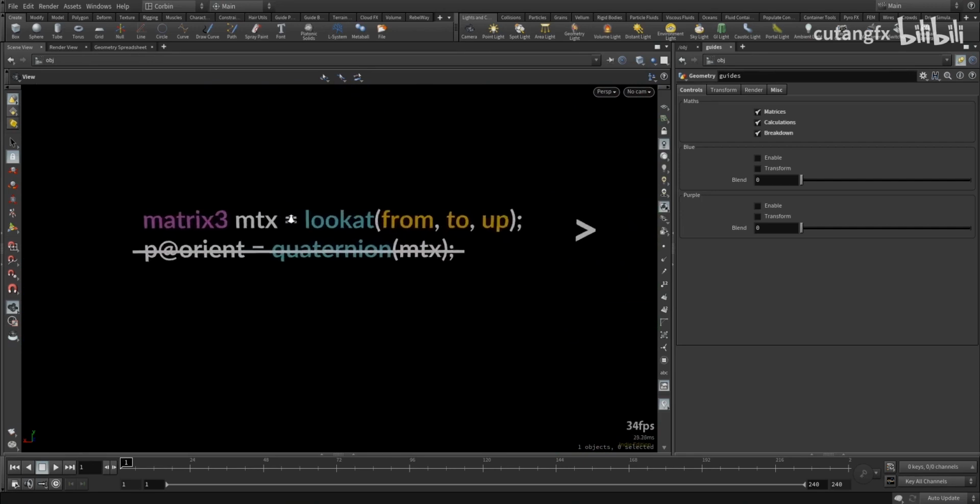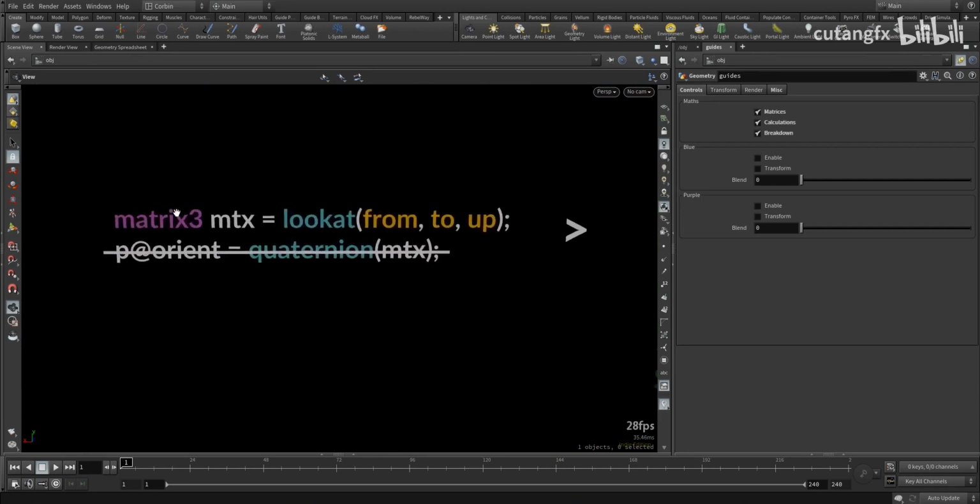So remember, when we spoke about quaternions, I said you can use the lookat function, or there is a lookat node in VOPs, to calculate a rotation matrix. It's a 3 by 3 matrix. We feed it 3 vectors, a from, a to, and an up, and we calculate this rotation matrix.